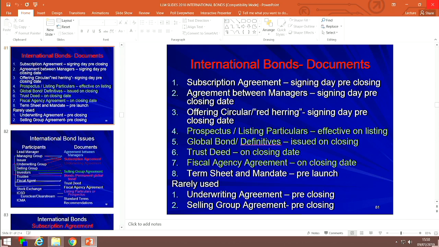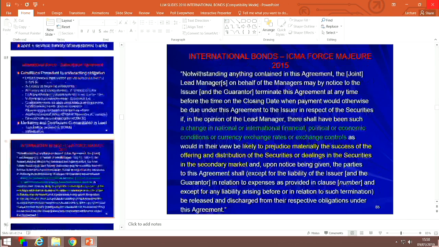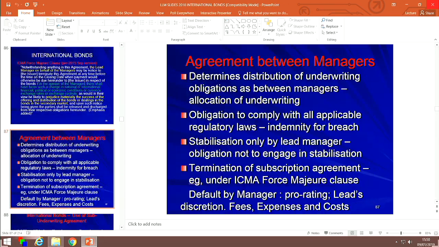Now, what is this offering circular and what's contained in it, which is really the question we've got to answer. The offering circular and the final prospectus are regulatory documents, not just marketing documents, because they are drafted in accordance with the regulations applicable in the stock exchange on which the bonds are to be listed.